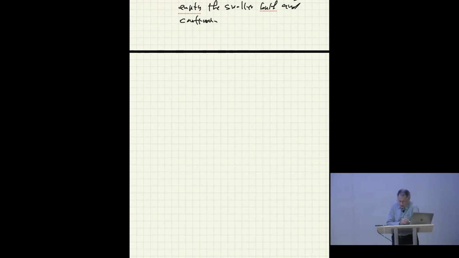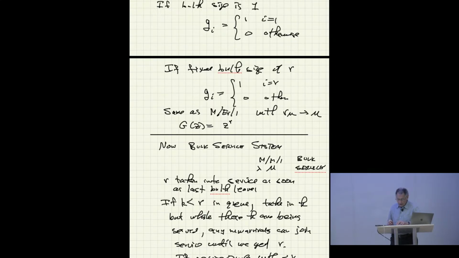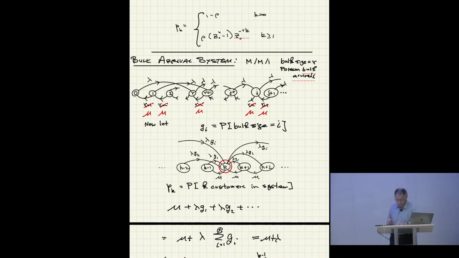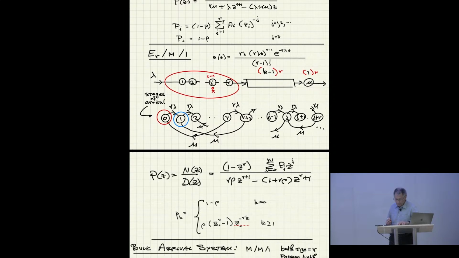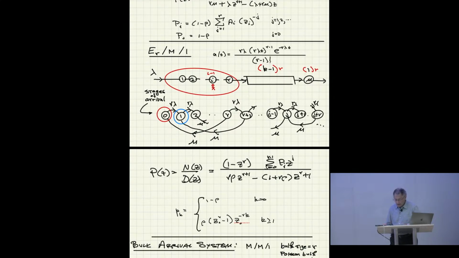So let's draw the state diagram. Now, if I go back to ERM1, it doesn't quite look like this, does it? What's the difference? It's going to look similar to this because this shows R leaving whenever there were R in service.